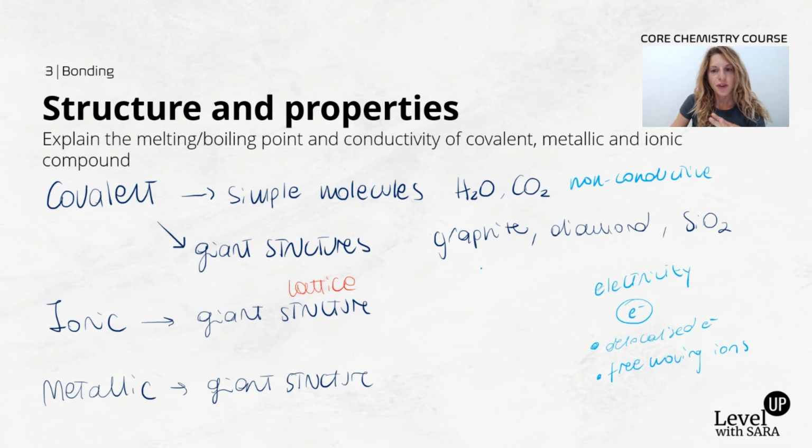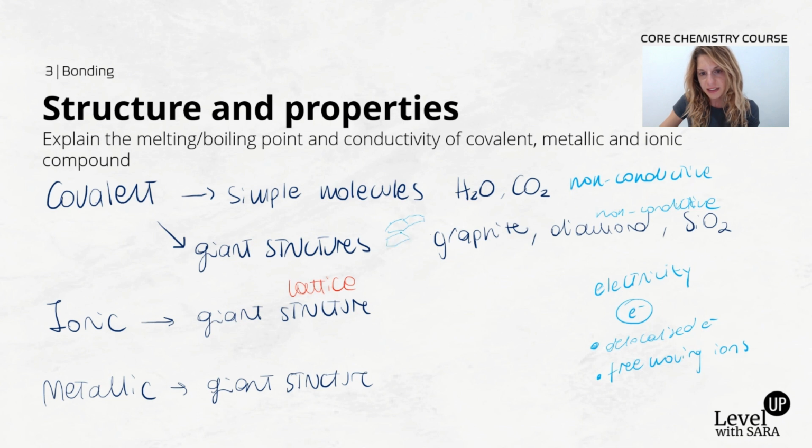Giant structures of covalent, you need to think again about where the electrons are. Diamond and silicon dioxide are also non-conductive because the electrons are all bonded between the atoms. Graphite, the structure, is a little bit different. Each carbon is bonded to three other carbons in a structure that looks like many hexagons in many layers.